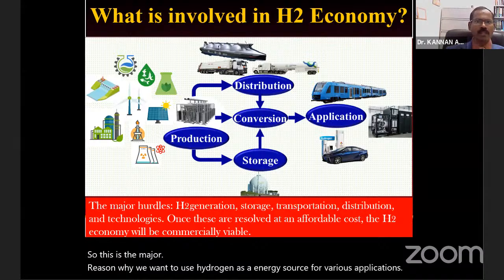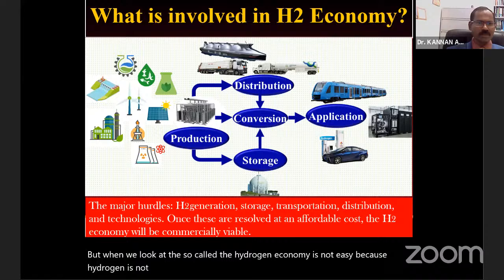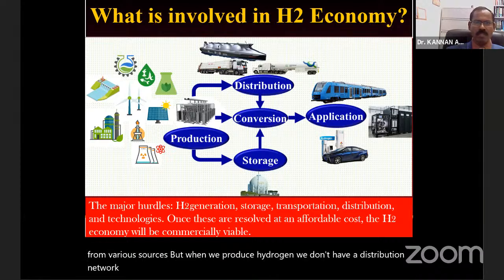But when we look at the so-called hydrogen economy, it's not easy because hydrogen is not available freely, so we need to produce it. We can make hydrogen from various sources, but when we produce hydrogen, we don't have a distribution network and also storage capability right now.